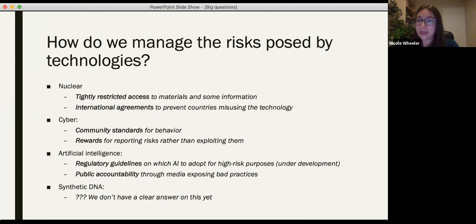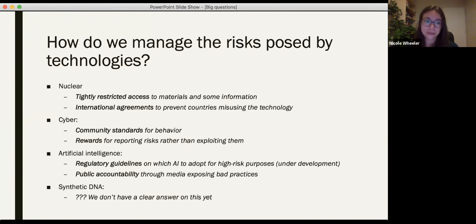So they're really something that we want to get a handle on. Some of the ways that we've tried to do this is really tightly restricting who can work in nuclear. So it's hard to get jobs, it's hard to obtain materials, and even some information is very closely guarded. We also have agreements between countries about what sorts of technologies and materials will be developed to try and limit the risk of misuse.